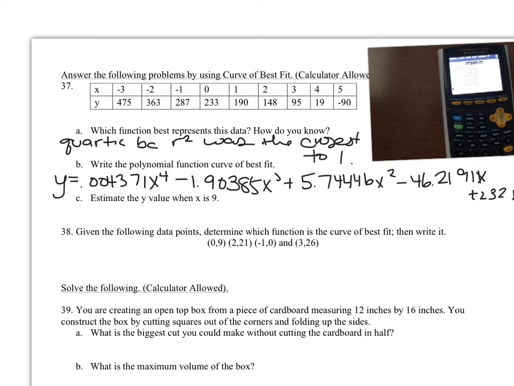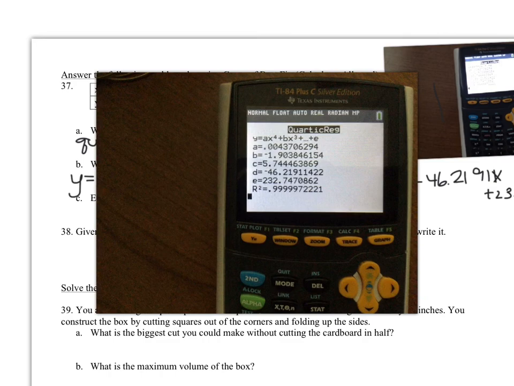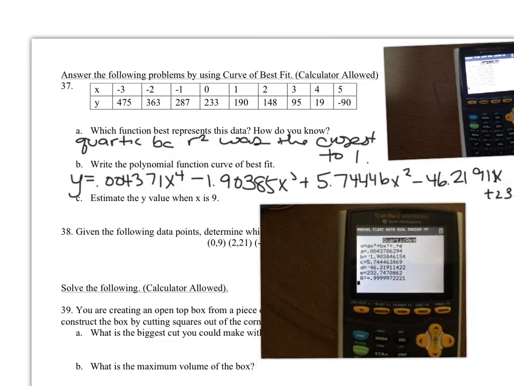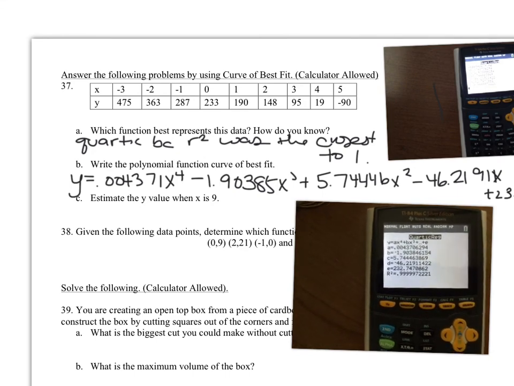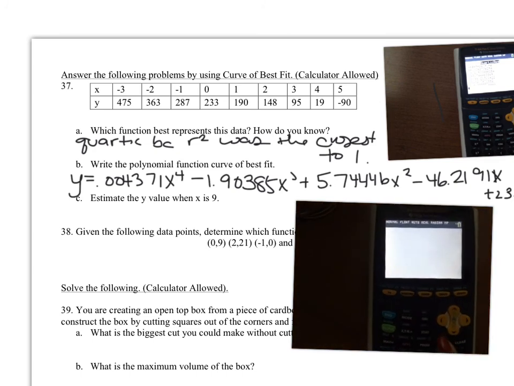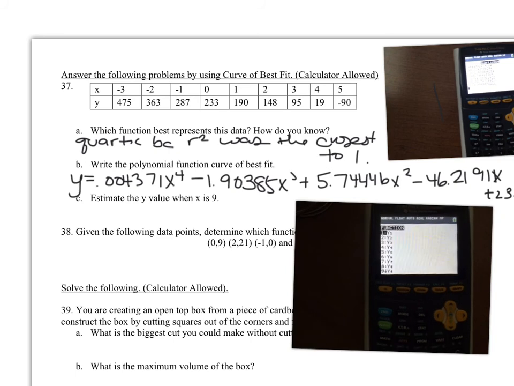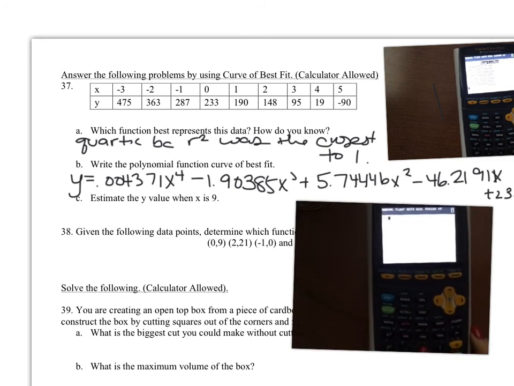All right. Now it wants you to estimate the value of y when x is 9. Because I stored in y vars, I'm just going to hit vars, go over to y vars, enter, and it prints on my home screen.